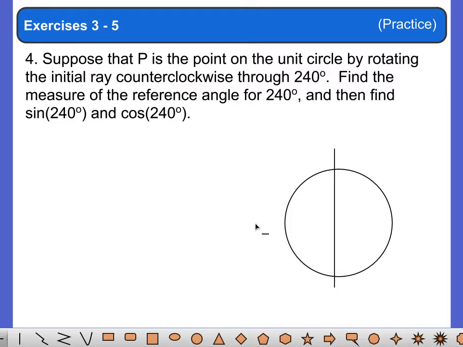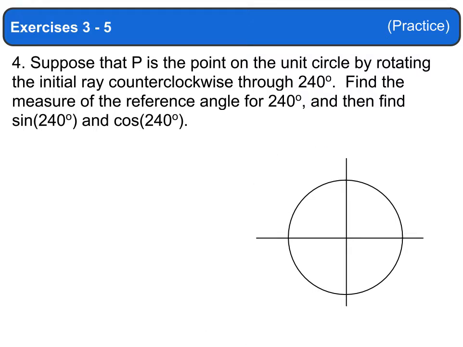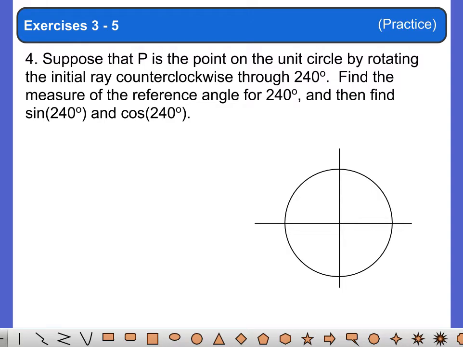I'll need to center that a little bit better, I think. There's my x-axis. Let's grab this line and slide it over. That looks a little bit better. We should always include our initial ray, which is right here. And then our terminal ray is 240 degrees.